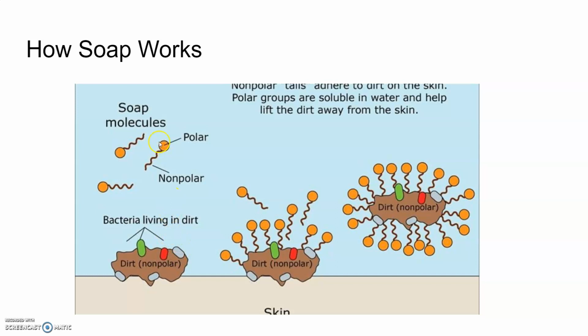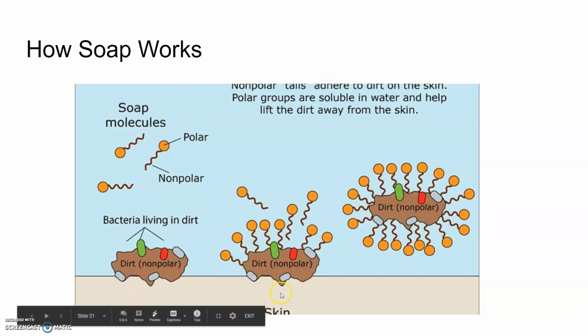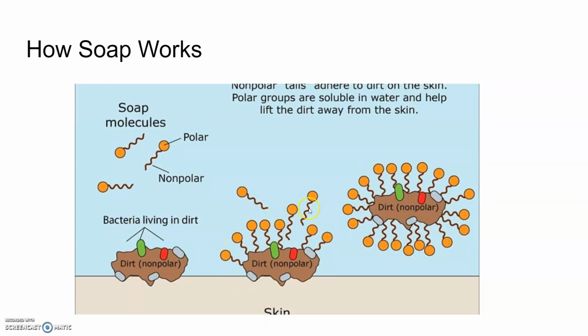So what happens is with the soap molecules, it has a polar part and a nonpolar part, right? That nonpolar part, where you have that long hydrocarbon chain, is going to surround the dirt. And then the polar part, which is sticking out on the outside, can get dissolved in the water. So it sort of helps to wash that away. Once all of the dirt particles are surrounded by the soap molecules, it can get washed away into the water.